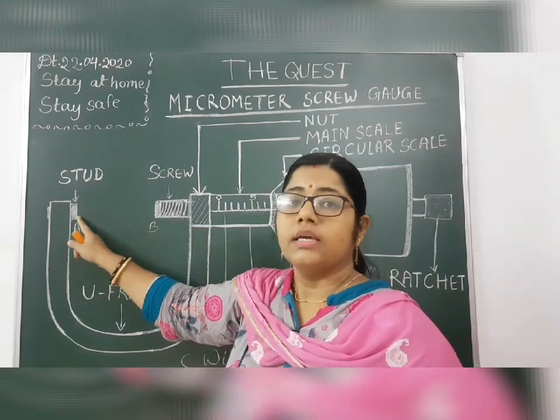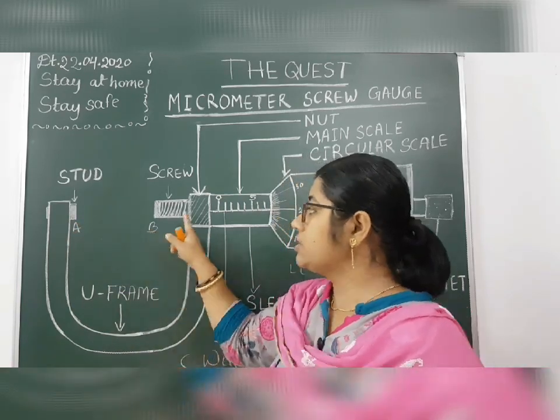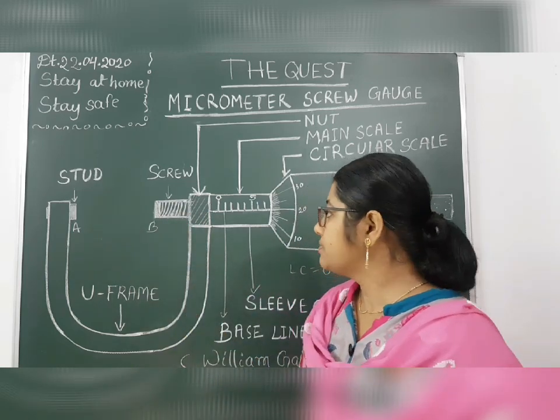This makes the fixed jaw of the screw gauge, whereas the screw makes the movable jaw of the screw gauge.